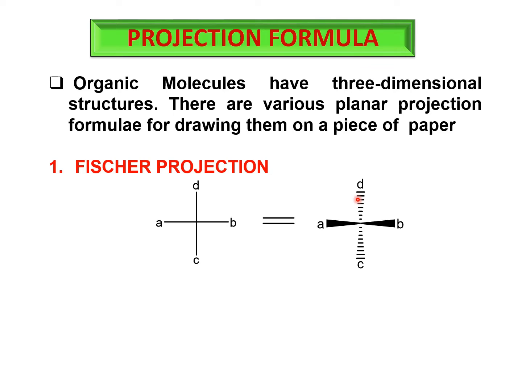Now you don't have to draw the Fischer projection in this form. You should always draw the Fischer projection in this form. So why I have shown you this drawing?